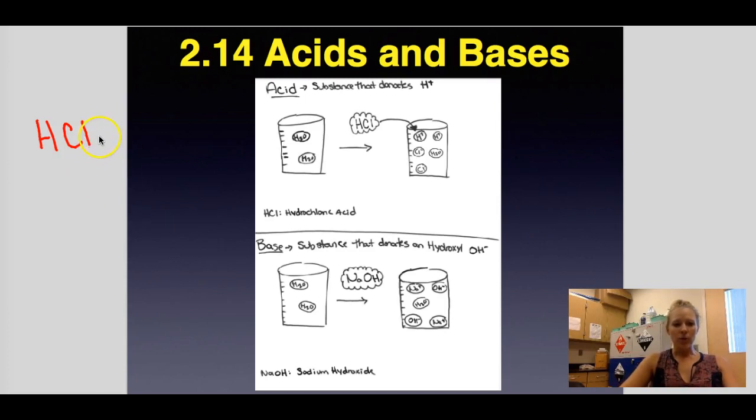If we put hydrochloric acid into water, or H2O, it's going to dissociate into its constituent parts, just like if you put an ionically bonded substance in water. Water is the universal solvent. So it's going to break down into a hydrogen ion, H+, and Cl-.